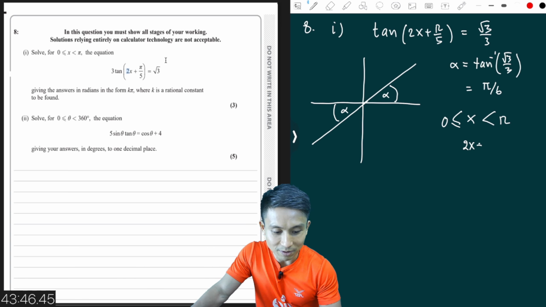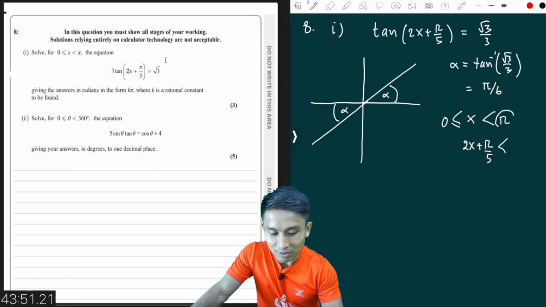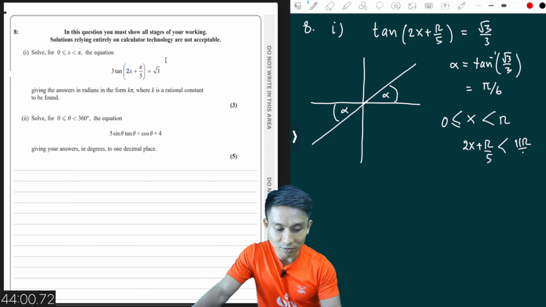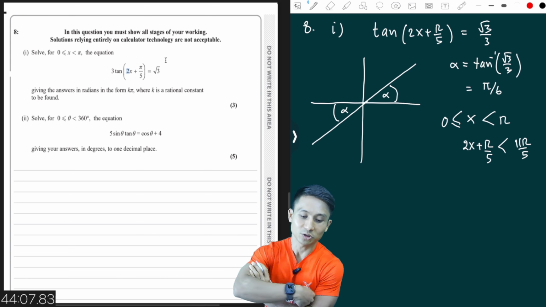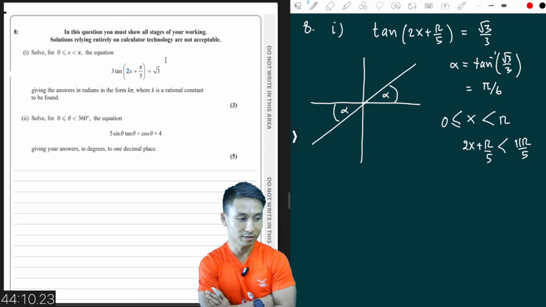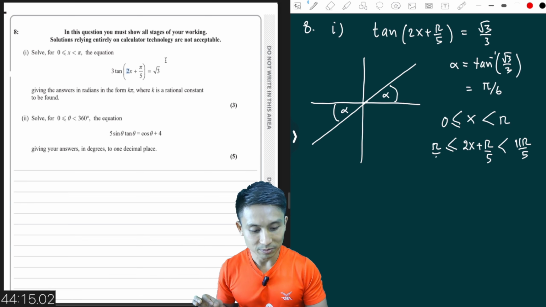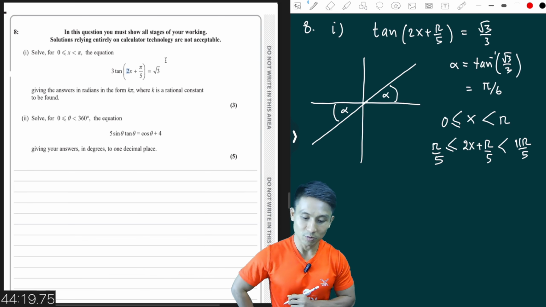So 2 pi plus pi over 5, that's 11 pi over 5, just add 10 pi over 5. And the lower end would be 0 plus pi over 5, which is pi over 5. Yeah, I'm okay with that.